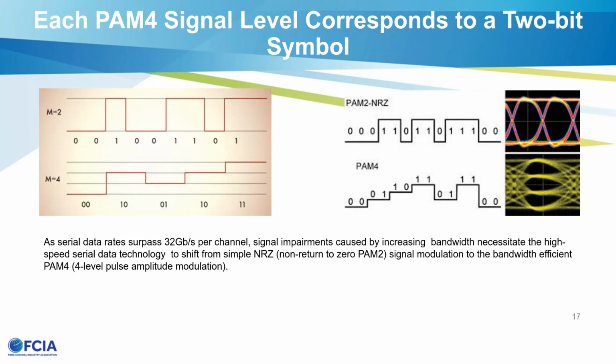And I think we talked about this. This just kind of highlights PAM4. You basically are getting 2 bits per symbol. Like we talked about, the trade-off is you can get a little wider UI in the time domain, but you have less in the voltage domain to resolve.